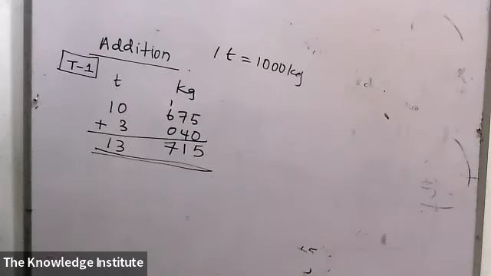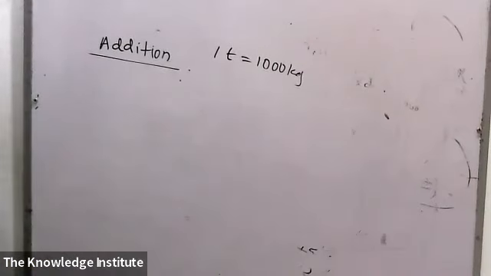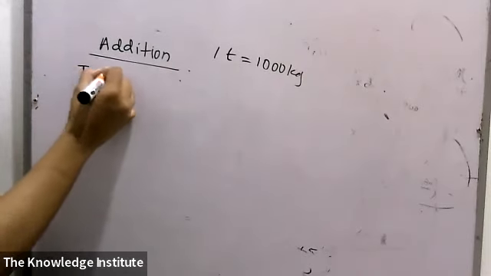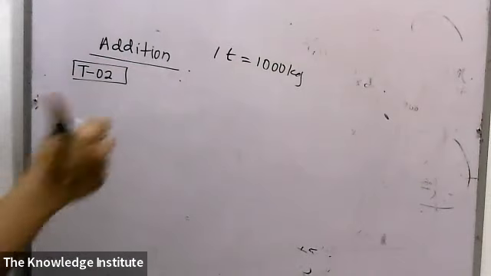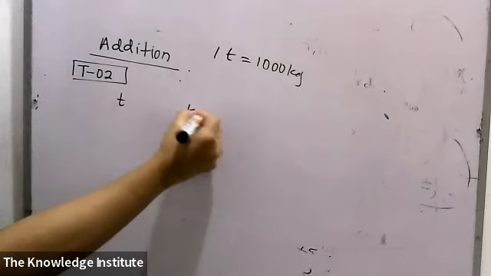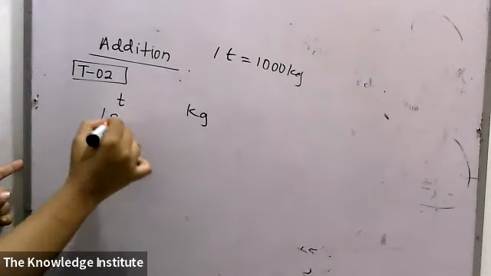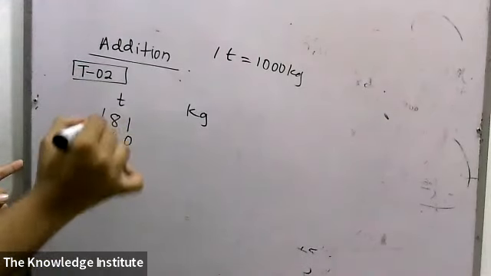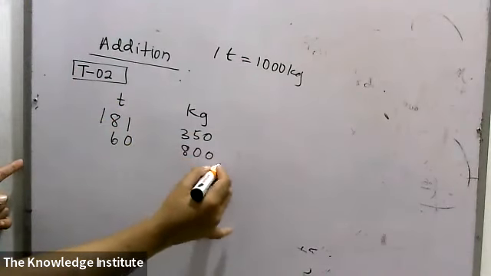Okay, let's move into type 2. Let's say you have tons and you have kilograms. 181 tons 350 kilograms plus 60 tons 800 kilograms.